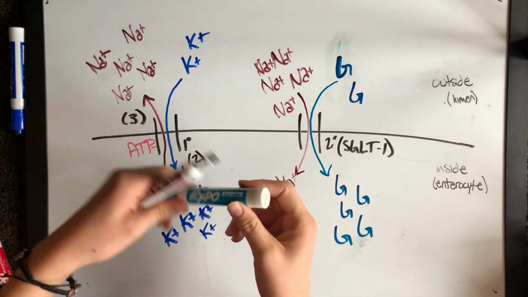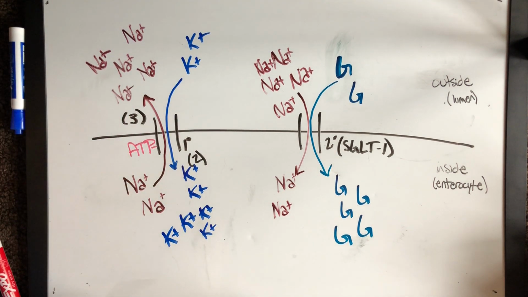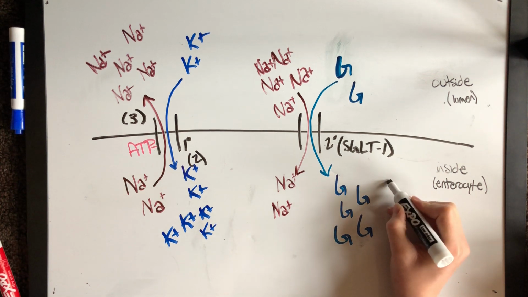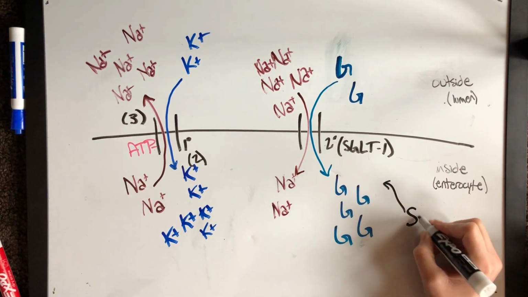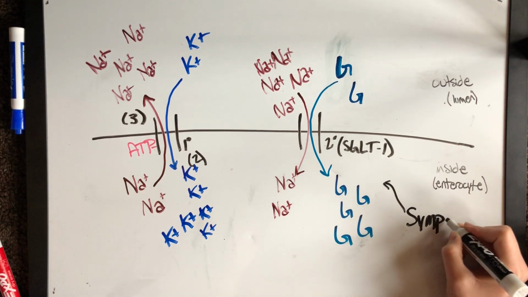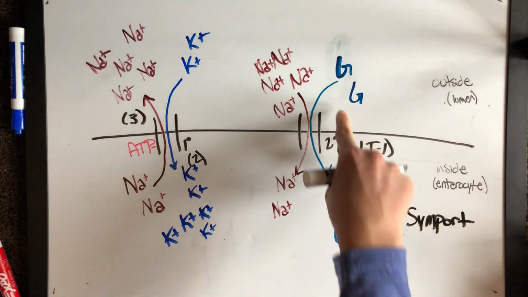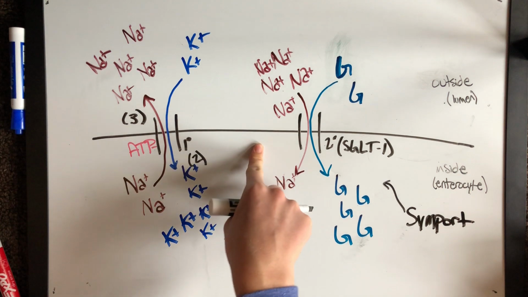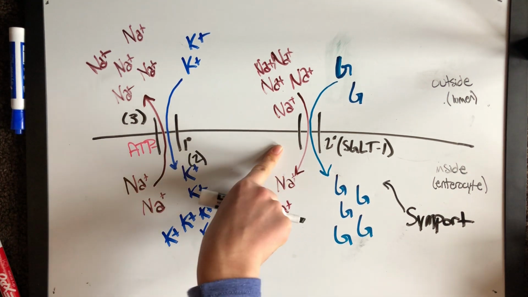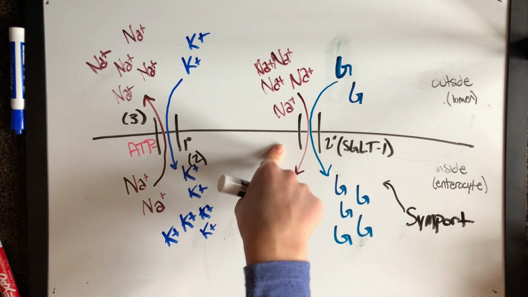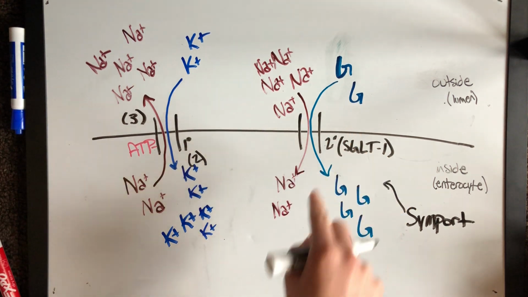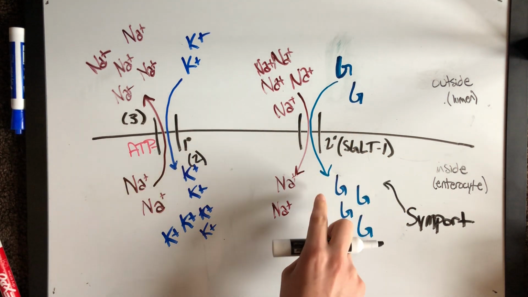So we've got antiporters and symporters when we talk about secondary active transport. I'm gonna write this down here. So this is a symporter. Symport is where they're both moving in the same direction. So molecule 1 is always going to move down its concentration gradient, whether we're talking about symport or antiport. Molecule 2 is the one that differs.